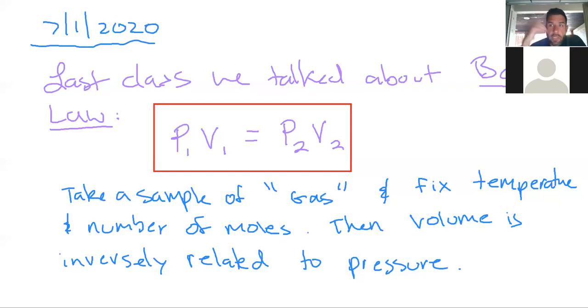Usually experiments are in controlled environments. For example, Boyle may have been controlling temperature and number of moles, or at least attempting to. When scientists like Boyle and others at the time who were studying gases looked at the results, they recognized a pattern: if pressure does one thing, then volume does this, and vice versa.